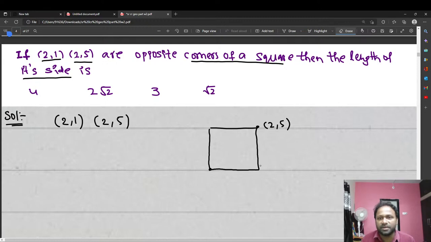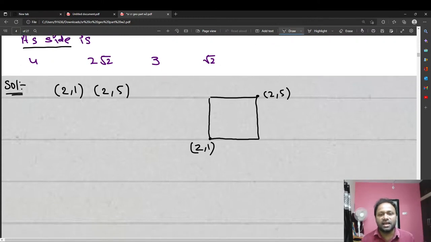These 2 points are in opposite corners. Ordered pair (2, 1) I have taken in this way, right? So in this, let us check.